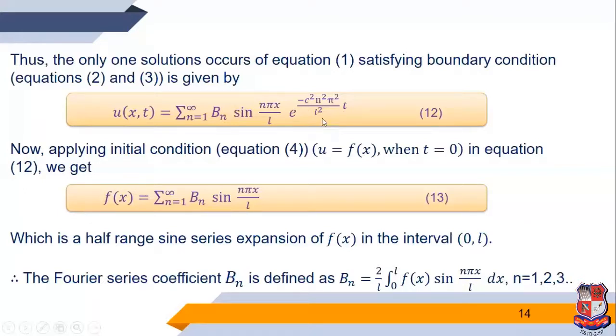So equation 12 is the solution of heat conduction in a bar whose both ends are held at 0 temperature and the length of the rod is L. Also, f(x) is the initial distribution of temperature.